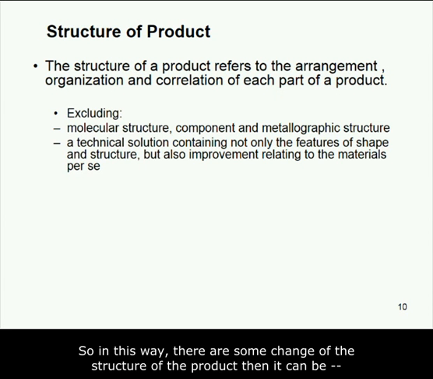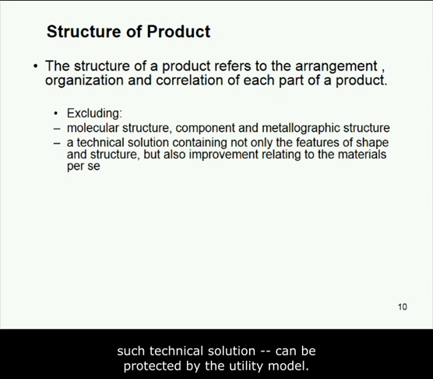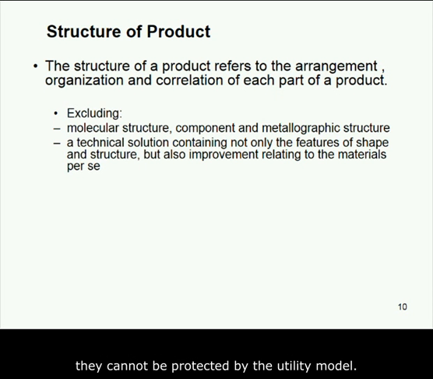In this way, there is some change of the structure of the product. Then such a technical solution can be protected by utility model. But for some molecule structure or compound or metallographic structure, they cannot be protected by utility model.